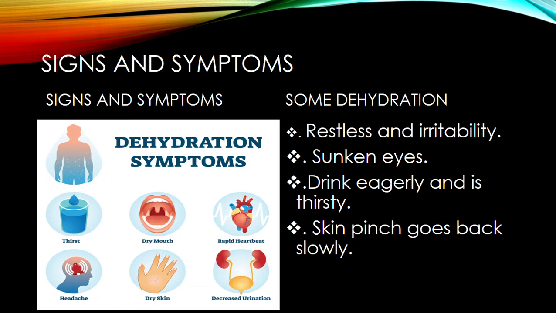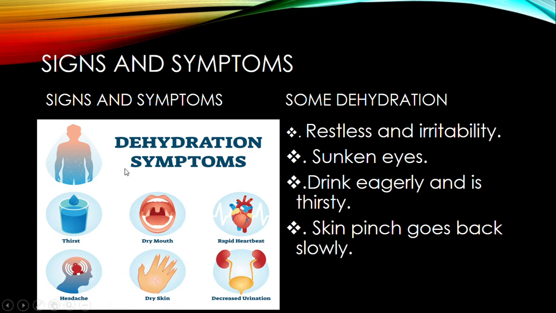Then the child or the patient will drink eagerly and they will be thirsty. Because they are thirsty, they are eager to drink as much water as possible. Then there is also loss of skin turgor. When the skin is pinched, it goes back very slowly, which we call loss of skin turgor.